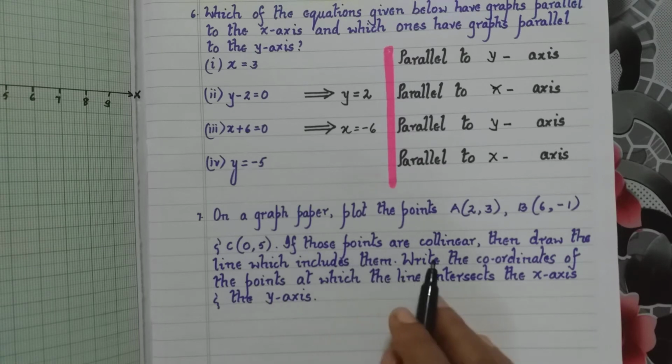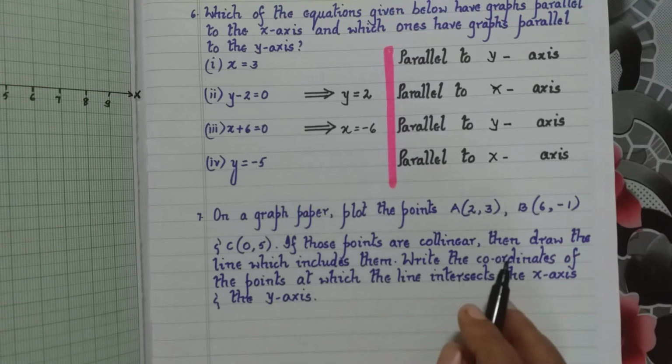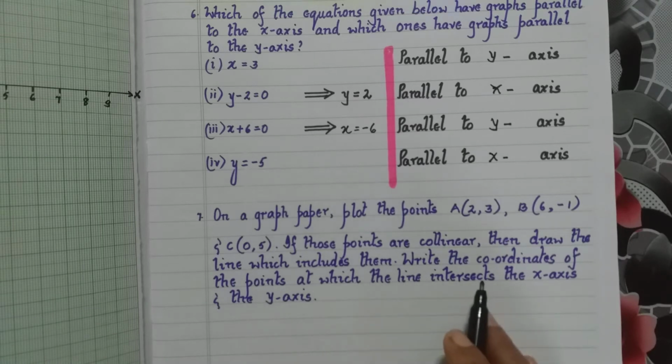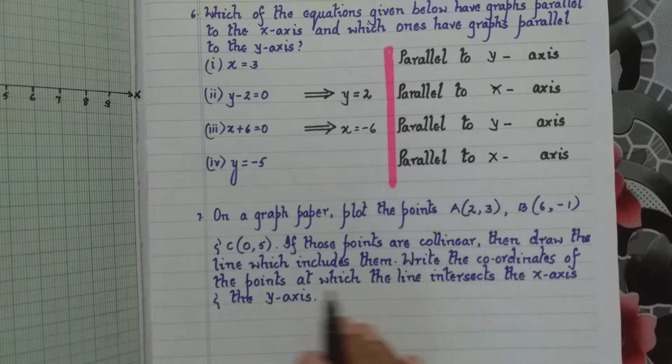If those points are collinear, then draw the line which includes them. Write the coordinates of the points at which the line intersects the x-axis and the y-axis.